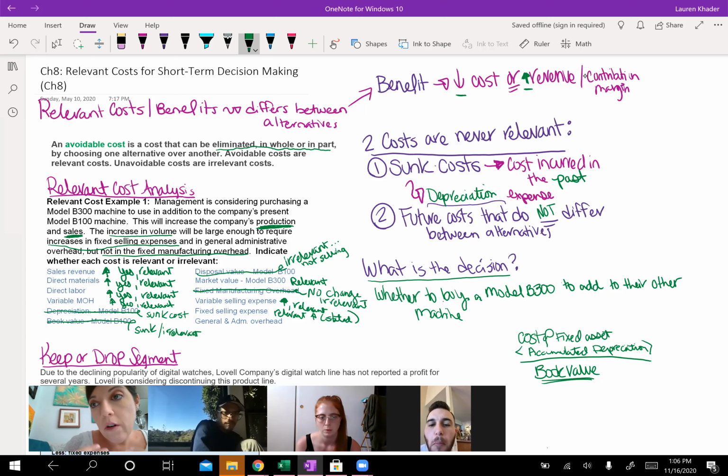Unlike variable costs, where if they don't say anything, then it's implied that it is changing. Does that make sense? Yeah. General and administrative overhead. Relevant, it tells you it's going to increase.